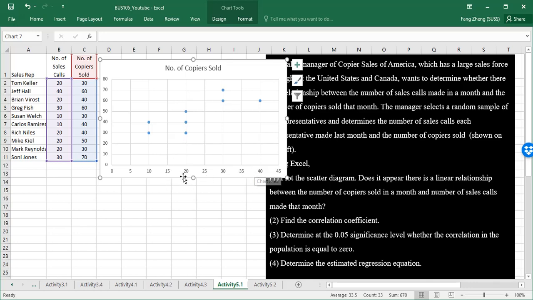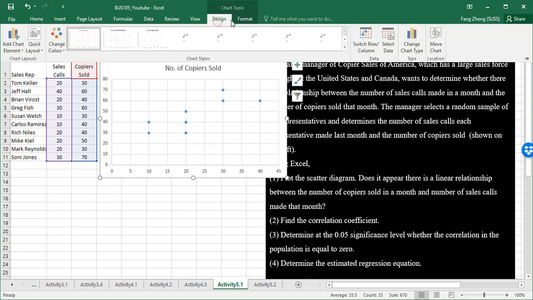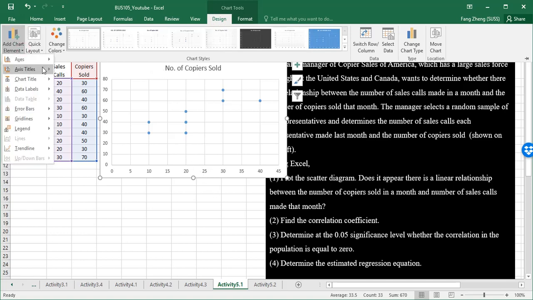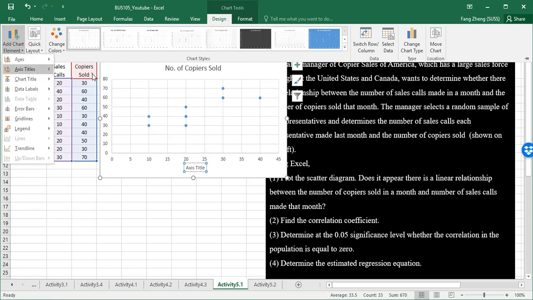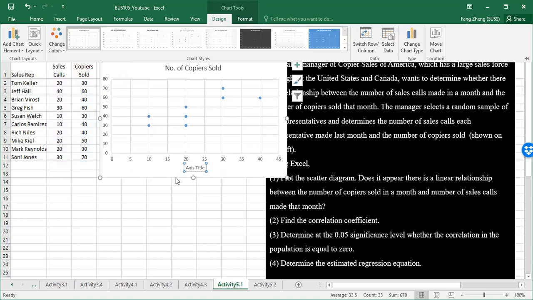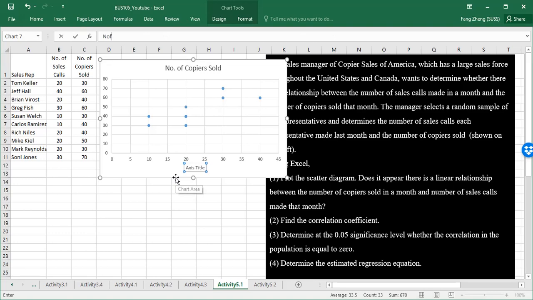To make it look better, we can do some formatting. We can add the axis title, primary horizontal axis: number of sales calls. Then we delete the title.